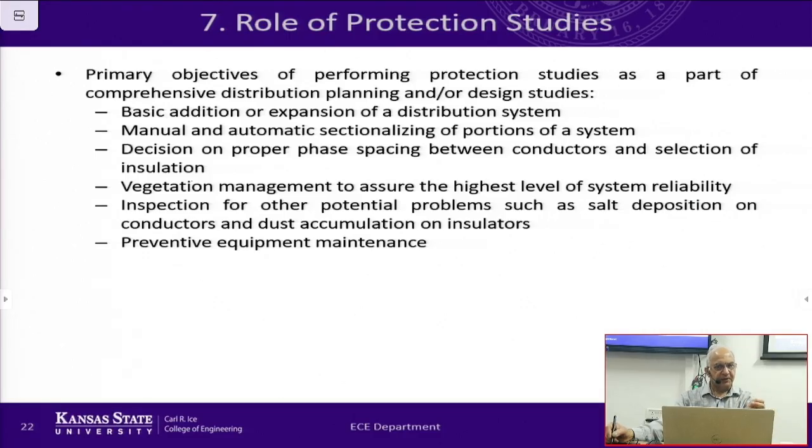So in general, protection can include all these things, and also you are looking for any other contaminations that could cause problems in the system, such as if you are close to an ocean, there could be salt deposits that can fall on the line and that could cause problems.